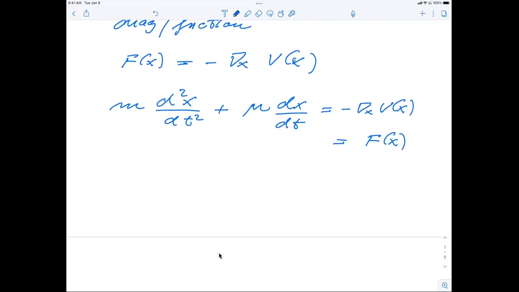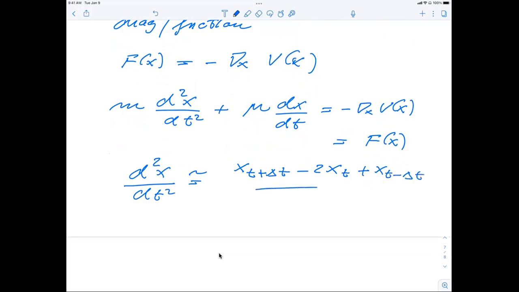Now, what we're going to do after the break is actually to discretize the equations, but let me just discretize it immediately. So I'm going to have the second derivative. When we take the most standard formula, this is x of t plus delta t, one time step, minus 2x calculated at t, plus x at t minus delta t, this is a famous formula for the approximation of the second derivative, divided by delta t squared.